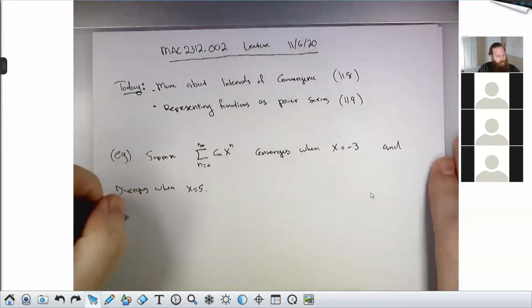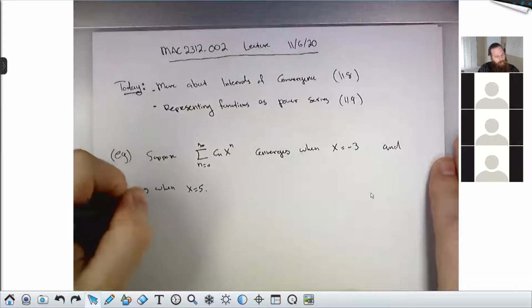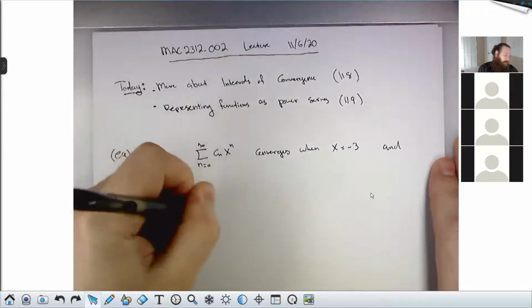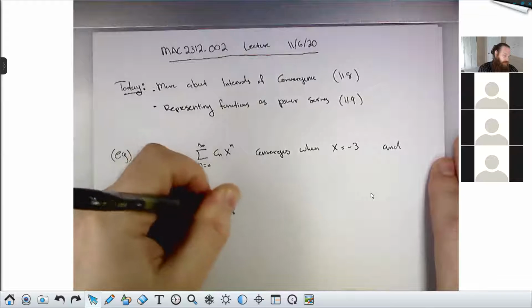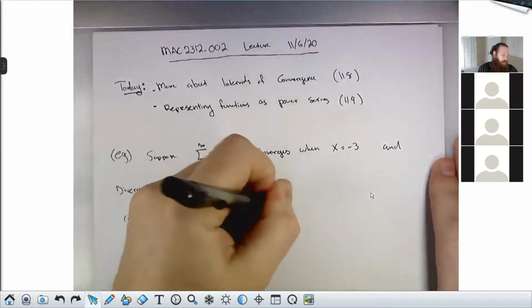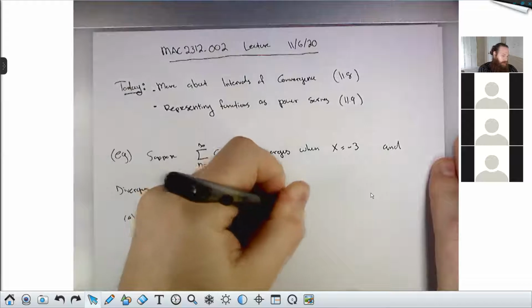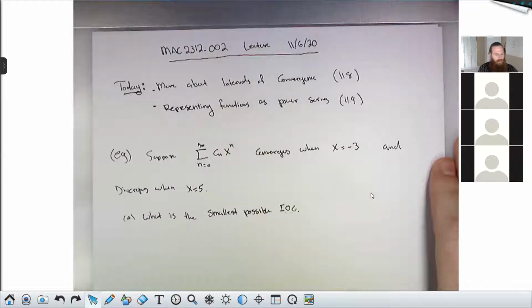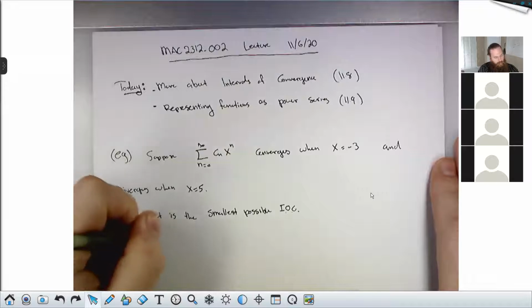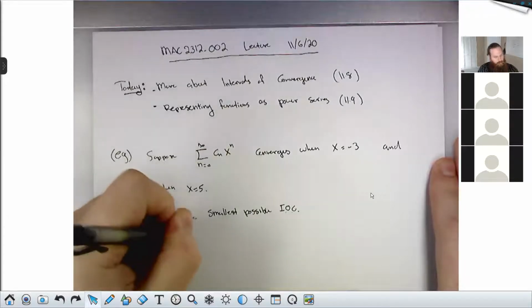Two questions. What is the smallest possible interval of convergence, which remember we abbreviate IOC, and then the obvious other question, what is the largest possible?